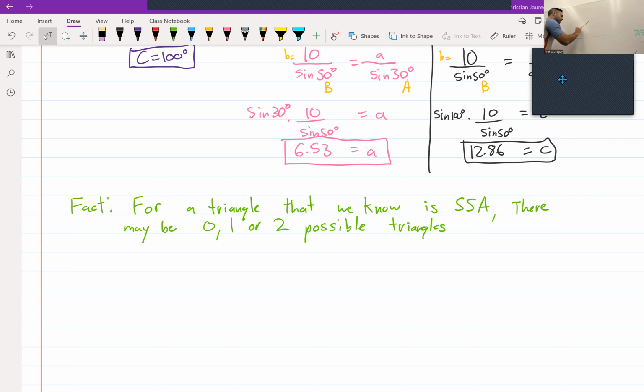So we know this side here. We know this angle. This side, I don't know how long it is. It could be any length. But what I do know is this other side that goes up here. But I don't know the angle. So this last side is on a hinge, really.